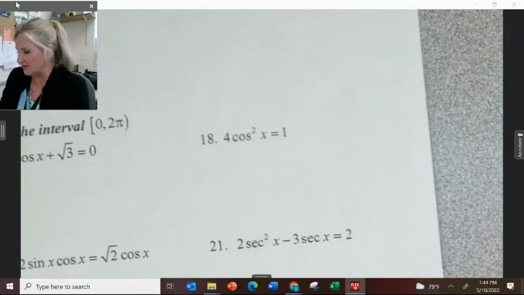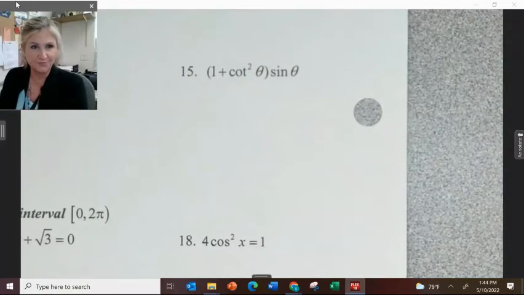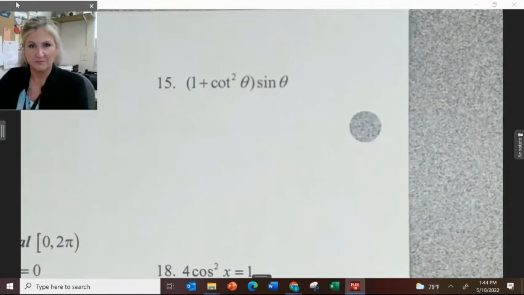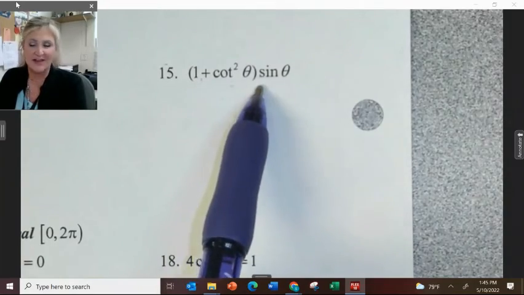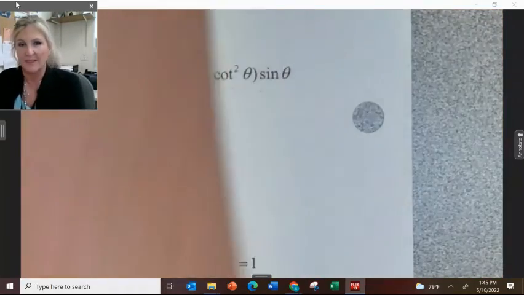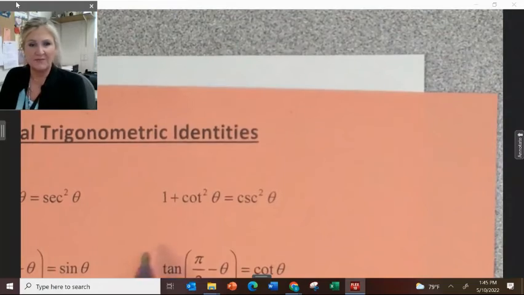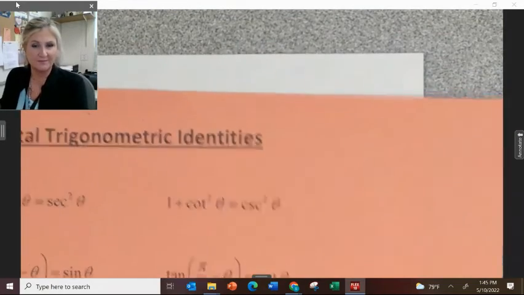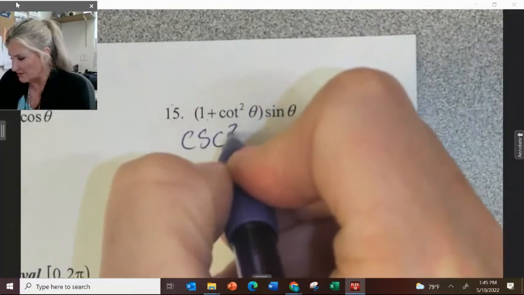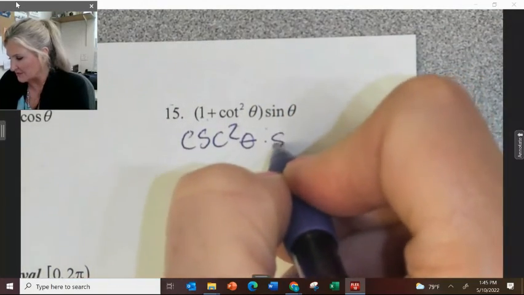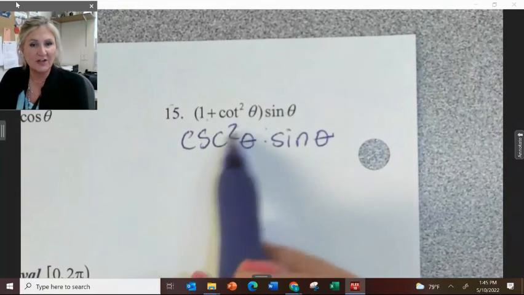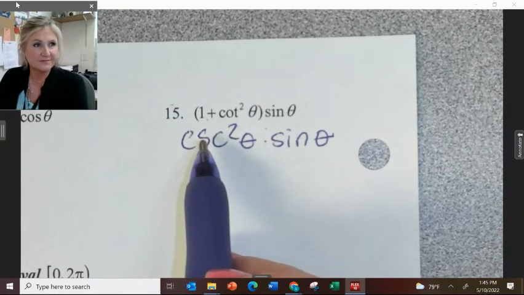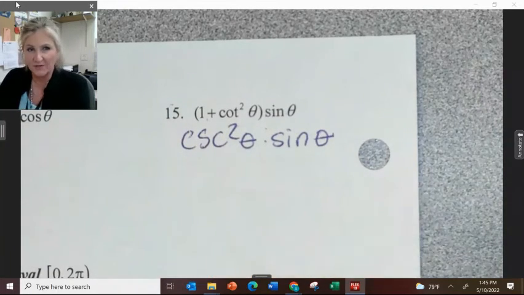All right, let's look at 15. What was the problem here? Whenever I see a 1 and I see something squared, I'm looking at my Pythagorean identities. What's another name for 1 plus cotangent squared? Cosecant squared. So this is cosecant squared times sine theta. So what's another name for cosecant? 1 over sine.